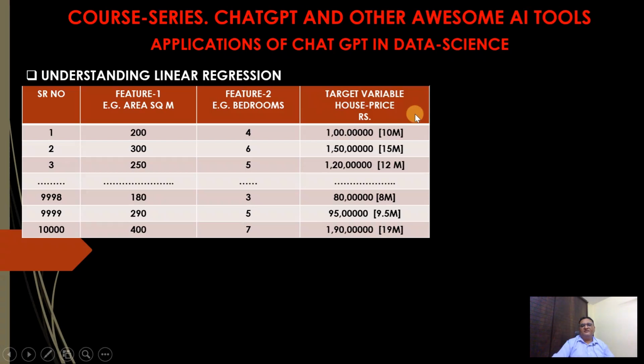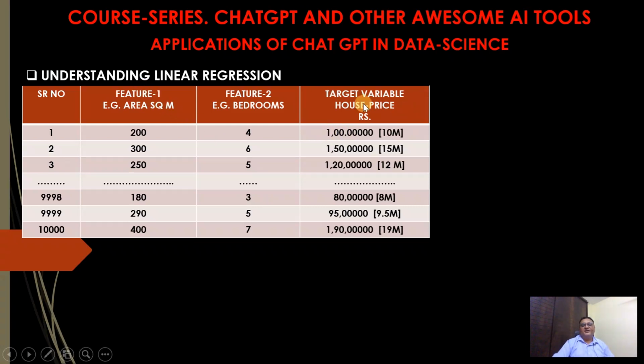And there is one independent variable or target variable. So these two are called predictors or features, while this is called the variable which we are trying to predict or target variable. That is the price of the house.